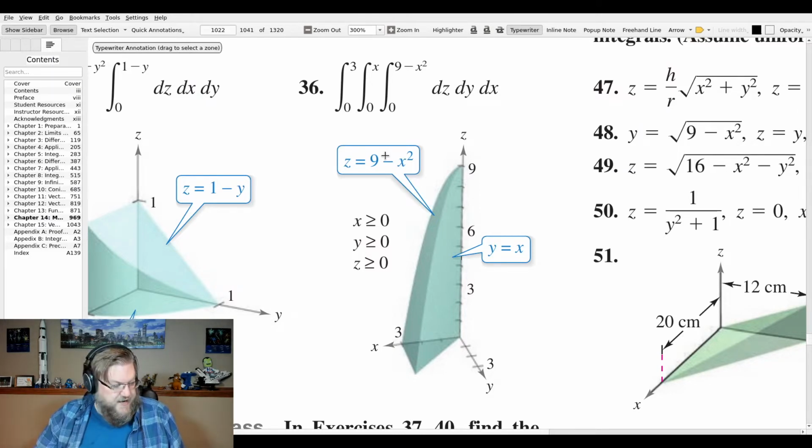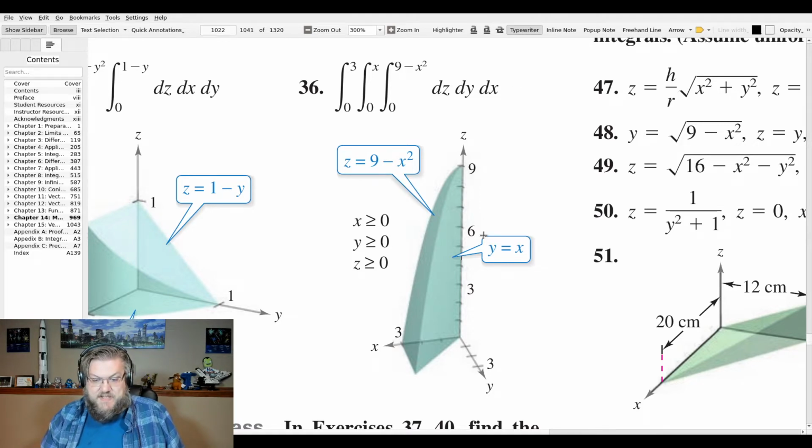What would this look like if I had to draw this in the yz plane? Well, I'm going to see this widest part, right? Now, what is that widest part? That's when this surface, 9 minus x squared, intersects with the surface y equals x.